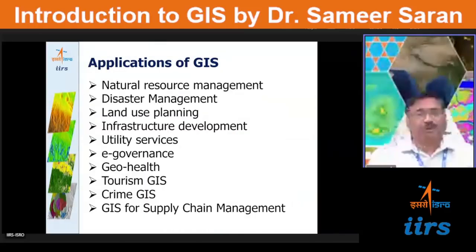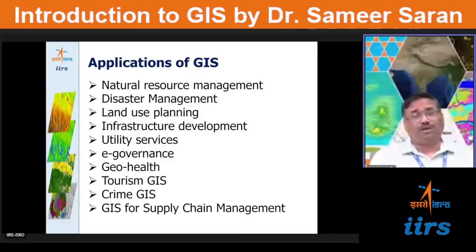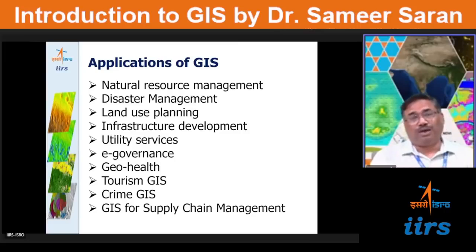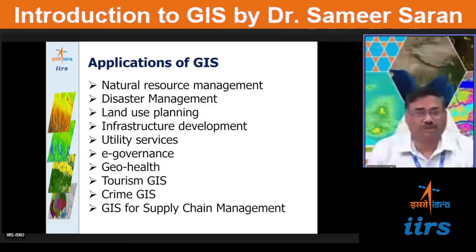So basically, if you look at the applications, I think there are unbelievable applications in GIS. You talk about natural resource management, disaster management, land use planning, infrastructure, utility services, e-governance. In governance, I think you can see that the effect of these applications is visible to a common man, because they can really make use of these applications, or make use of these data sets or this information for ultimately deriving the information.